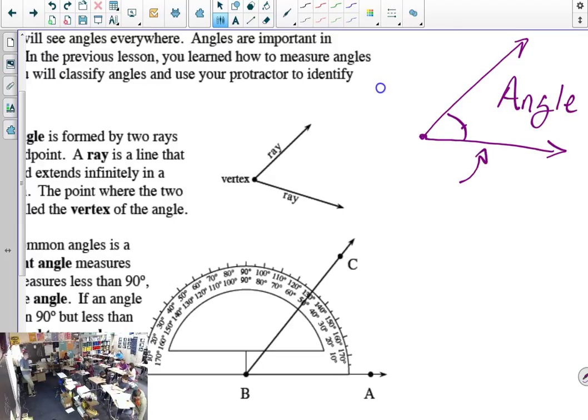What are they? A ray? It's a ray. And then this point, we already said, is a vertex. I see a lot of people not writing things down. Writing it down gets it saved in your brain much better than just looking at it. So please write these things down.